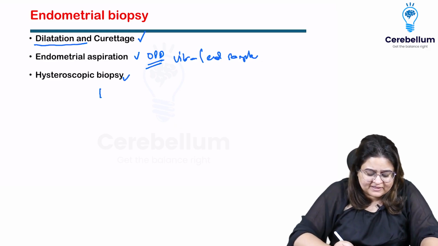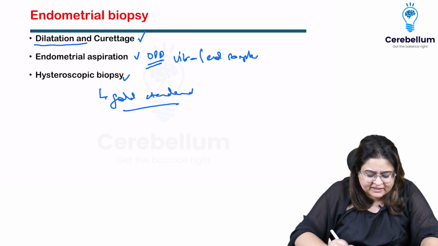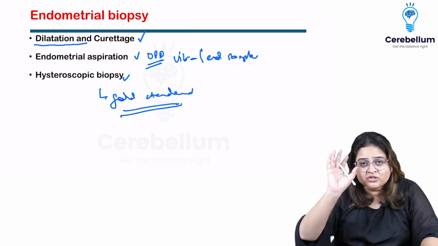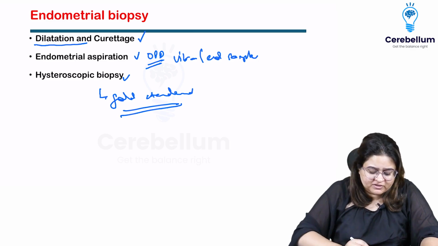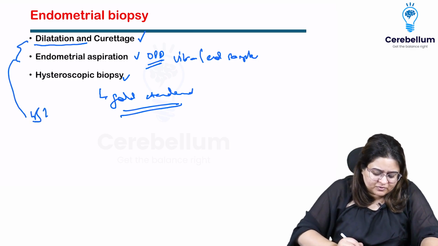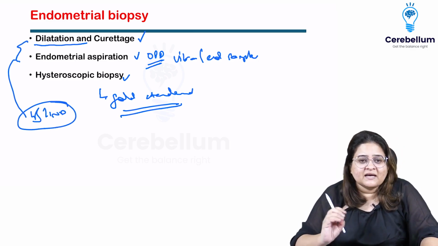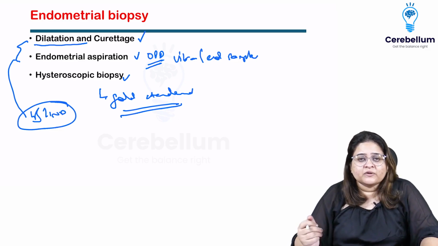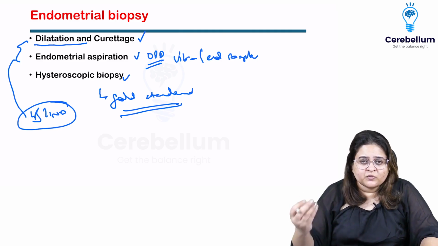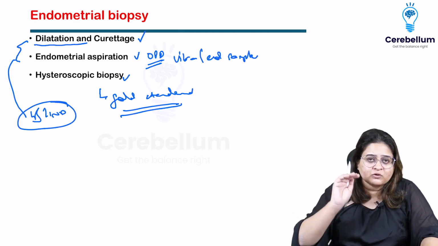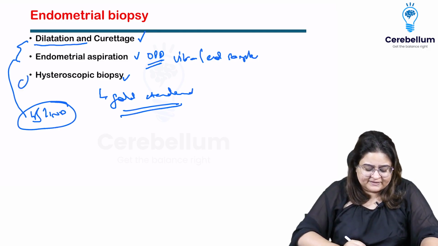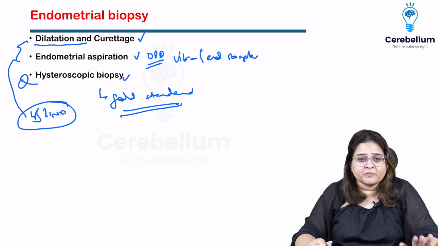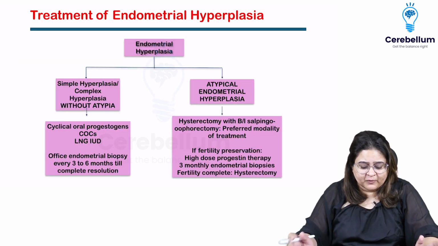The gold standard, however, is to actually look inside the uterus, see the uterus with a hysteroscope, look at the abnormal area and take a biopsy from there, because these two are blind procedures. So you may miss an important area when you're doing the curettage or when you're taking the office biopsy. So looking and taking a biopsy is of course always better, and this comes as a question. So hysteroscopic biopsy is the best way to take a biopsy.